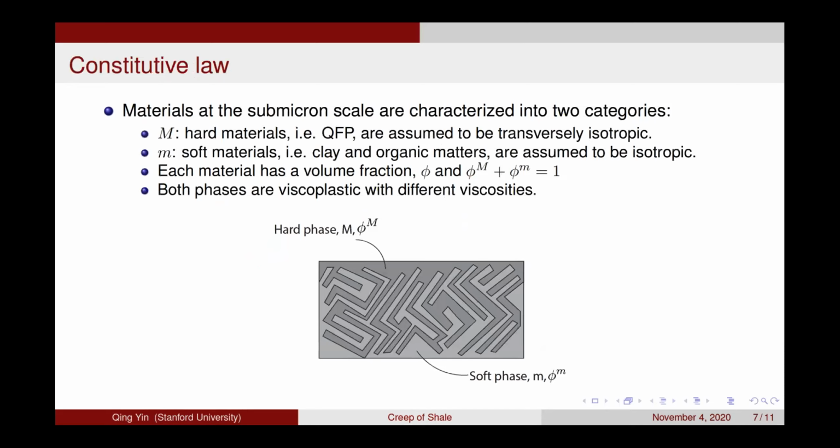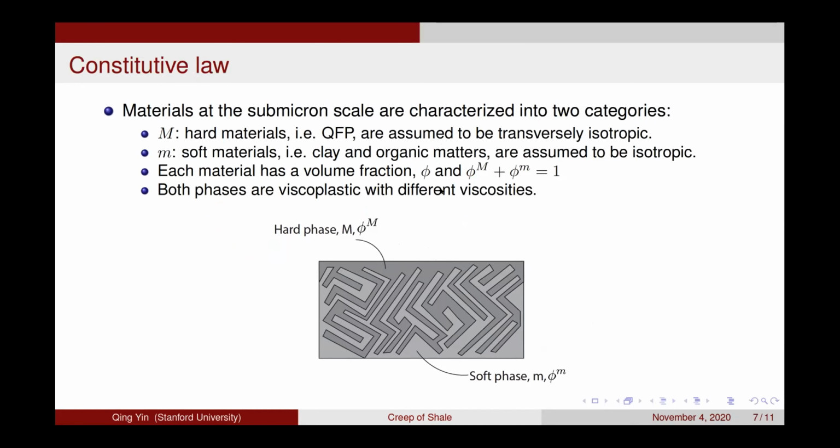Under this assumption, we can divide the materials into two components, and we have this constitutive law that has two different material phases representing the mixture of shale in the submicron scale. So the hard phase and the soft phase both have their separate volume fraction.